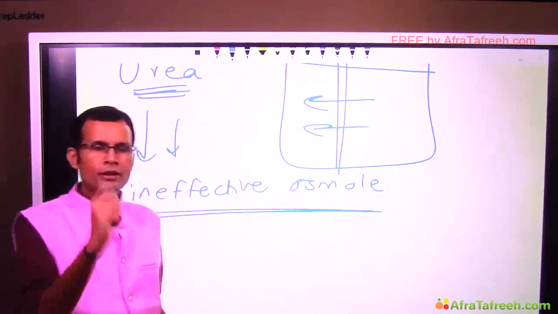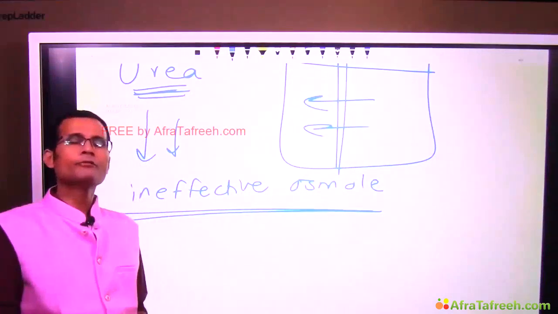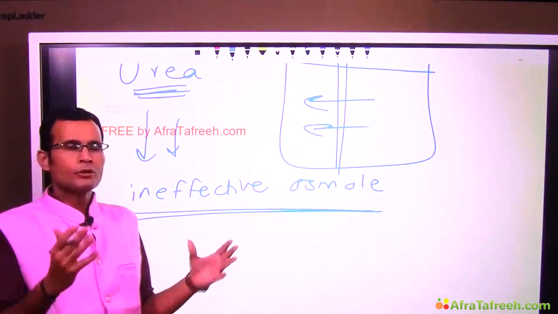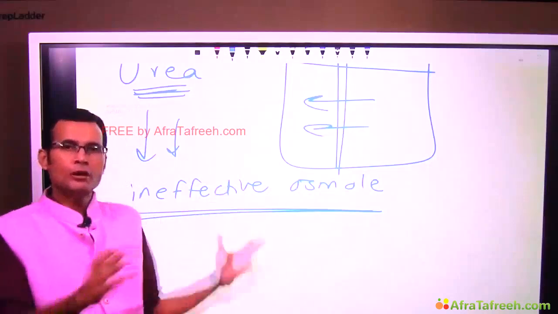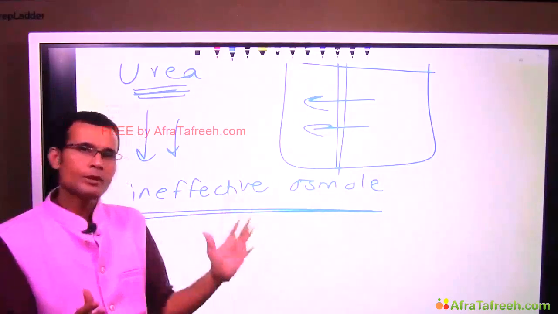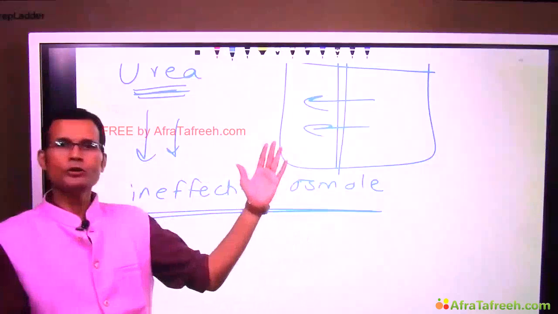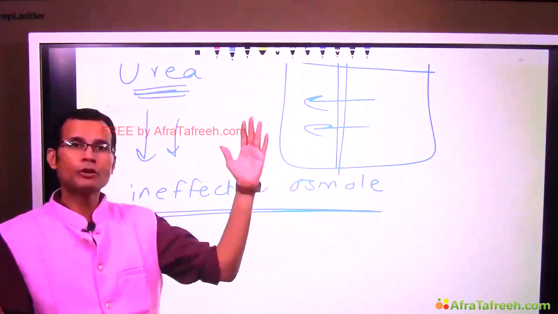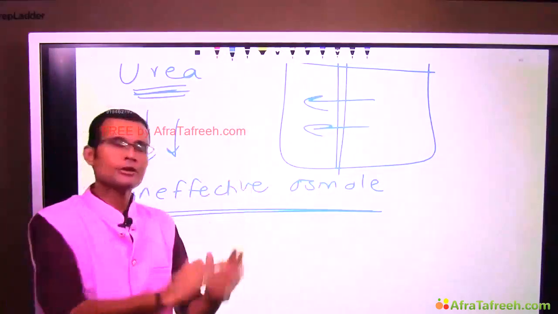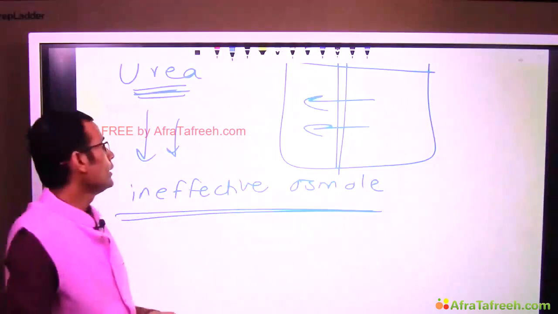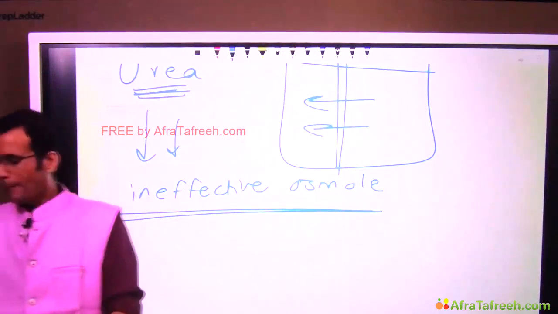The underlying fact that I wanted to emphasize is that if the solute remains unequal on either side of the membrane, high on one side and low on the other, then it will cause movement of water from low to high concentration of the solute. So that's the difference.